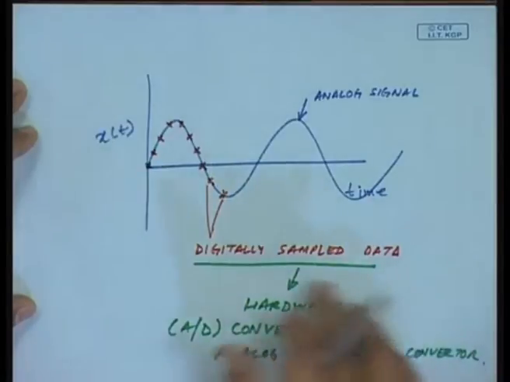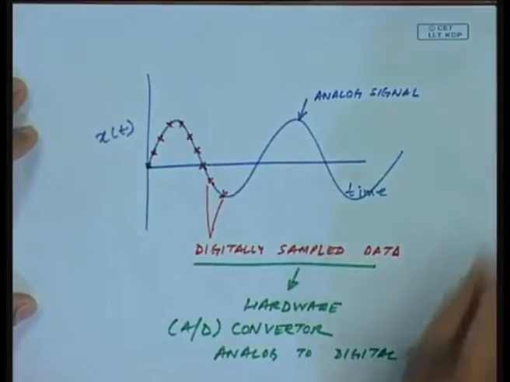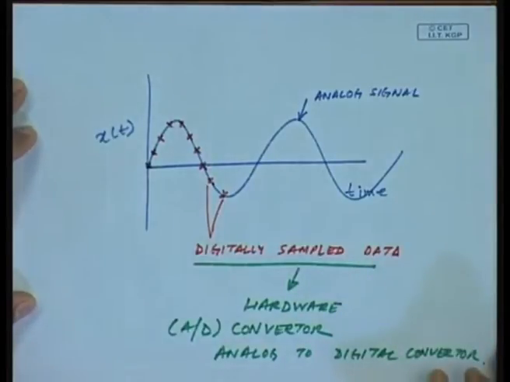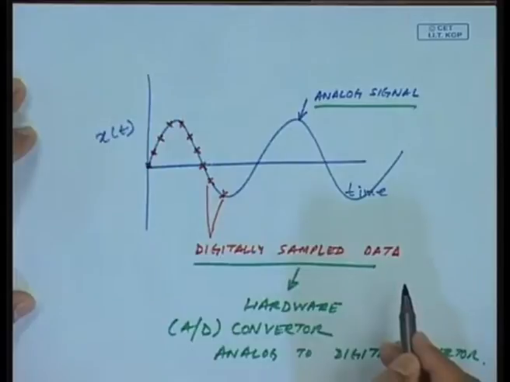In this class, we will not focus on the electronics of the analog to digital converter. That is for our friends from the electronics department to wonder about, but let us see what the features of this A to D converter are and how we can use it to successfully represent the analog signal which was measured by a transducer.